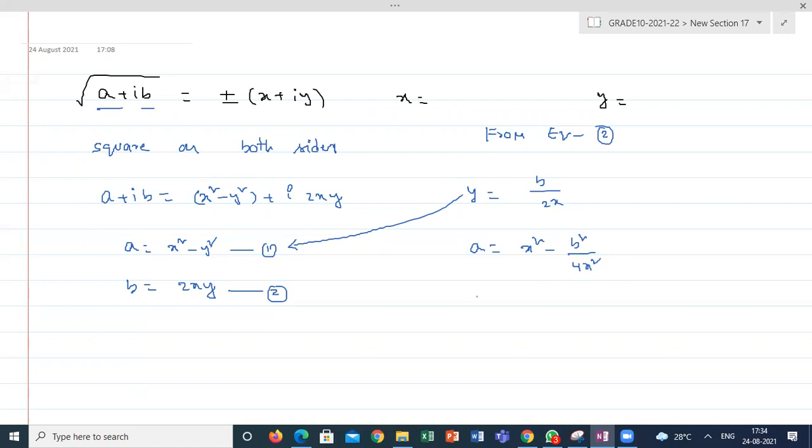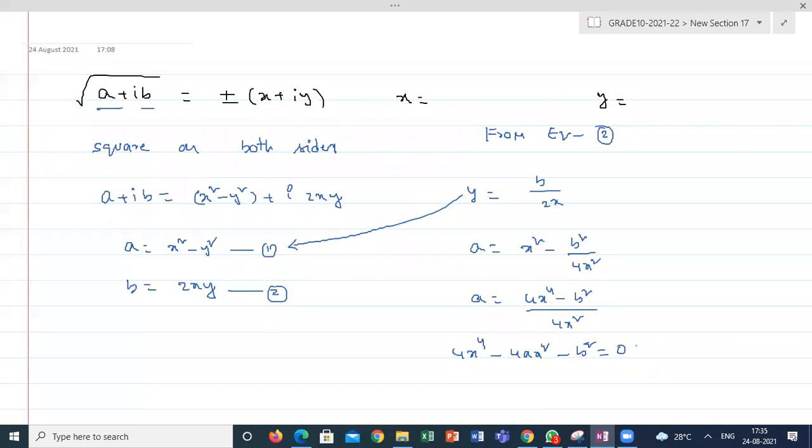If I take the LCM, a will be equal to 4x power 4 minus b square divided by 4x square. After cross multiplication, I get 4x power 4 minus 4ax square minus b square is equal to 0. Is it clear, guys, what I'm doing?